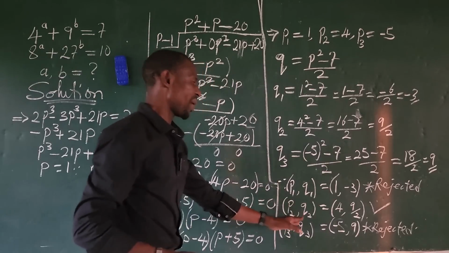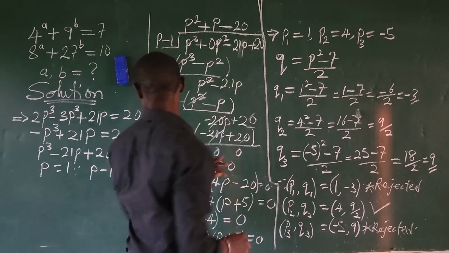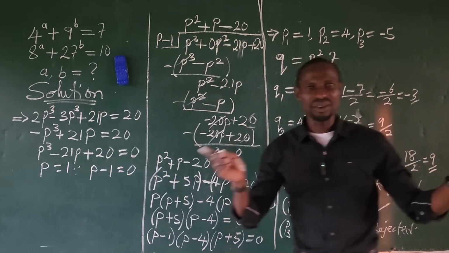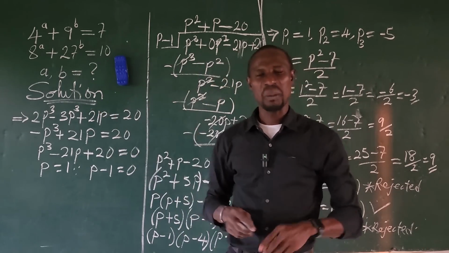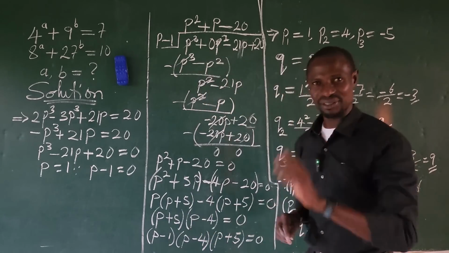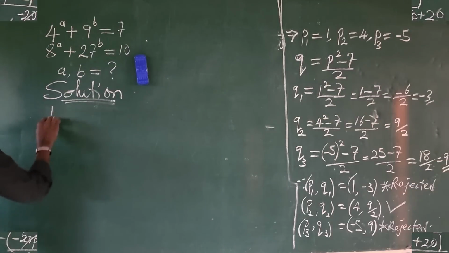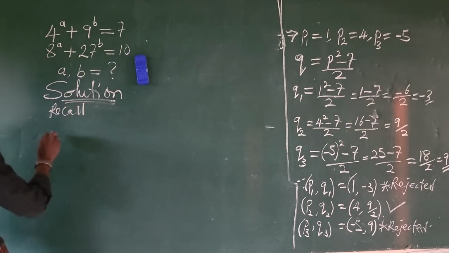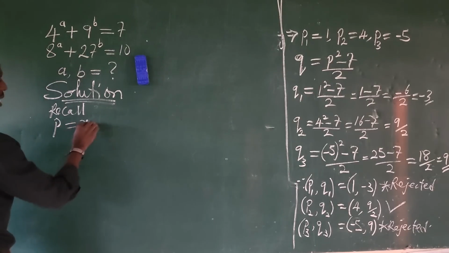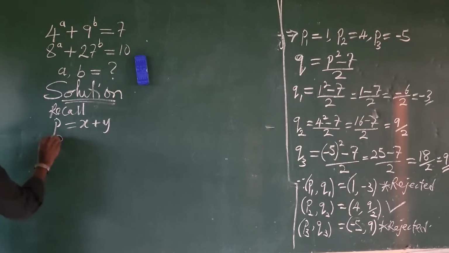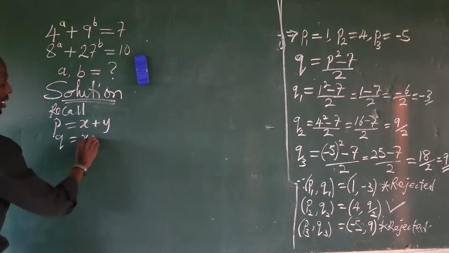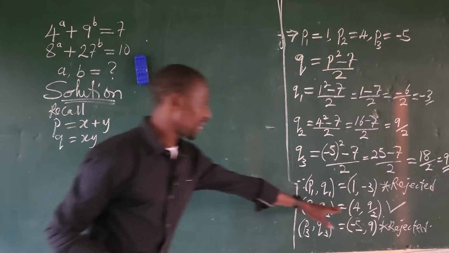So we are going to go back to where we did that substitution. Let's continue on this side again. Although I said this is a bit tough, we are going to get the answer straightforward. Let's recall, we said P be equal to X plus Y and Q equal to XY.